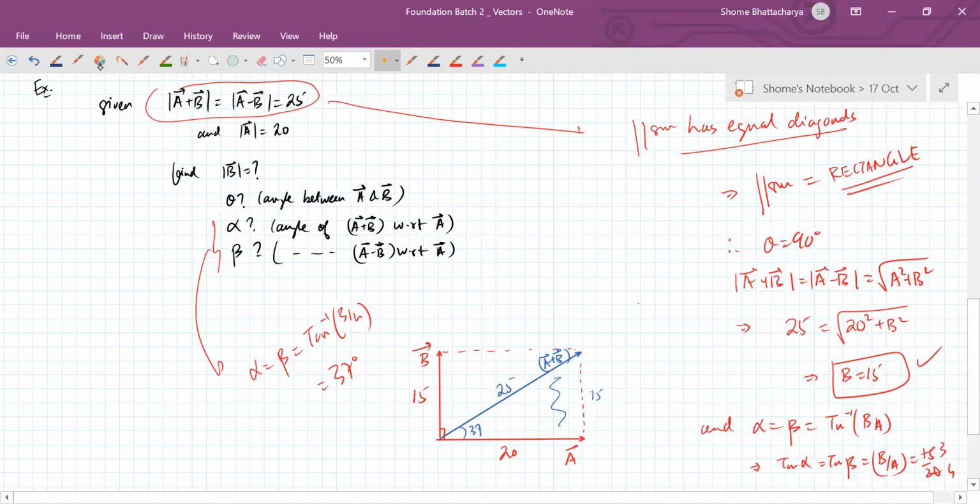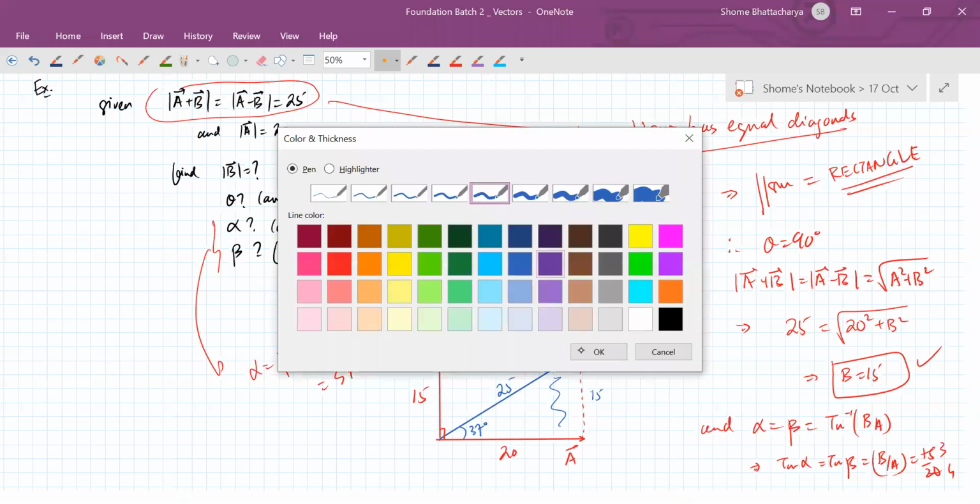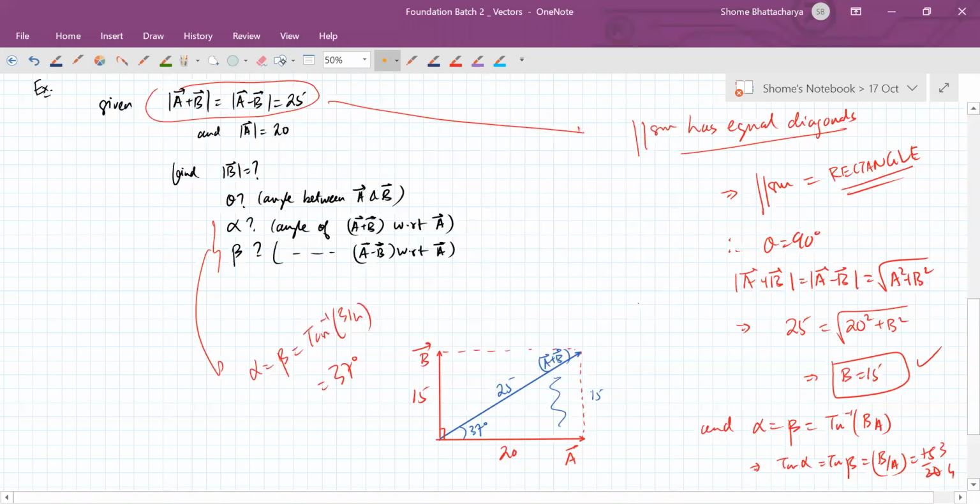Similarly the other triangle is a mirror image of this triangle. It has to have the same angle 37 degrees and the same magnitude. So it makes things very simple in solving like that.